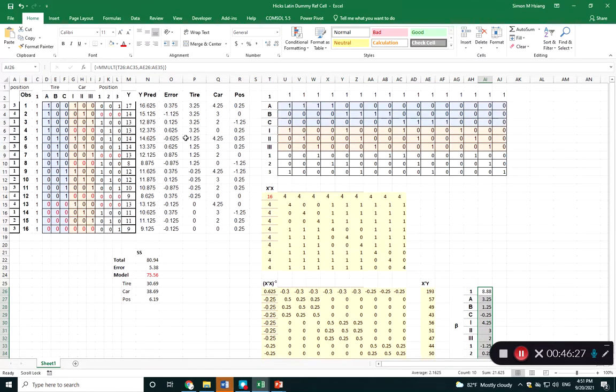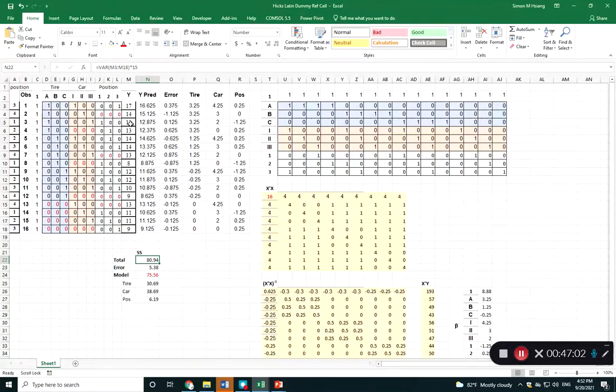Except this time, does the total sum of square, 80.94, change because I'm doing blocking or doing Latin square or even doing Graeco-Latin square? No. 16 observations, that's it. Your pizza or your big gulp of Coke, that's all you have.